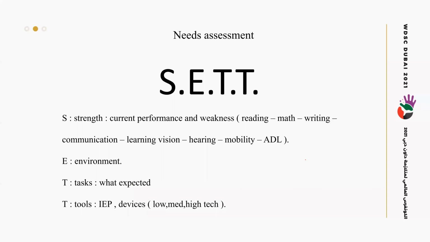For example, if his environment is educated, they can use high tech or mild tech. If the device is not working, can the parent fix it alone, or do they need to go to the shop? Task: what is expected from the child. The last T is the tools, which are the IEP devices and all of that.